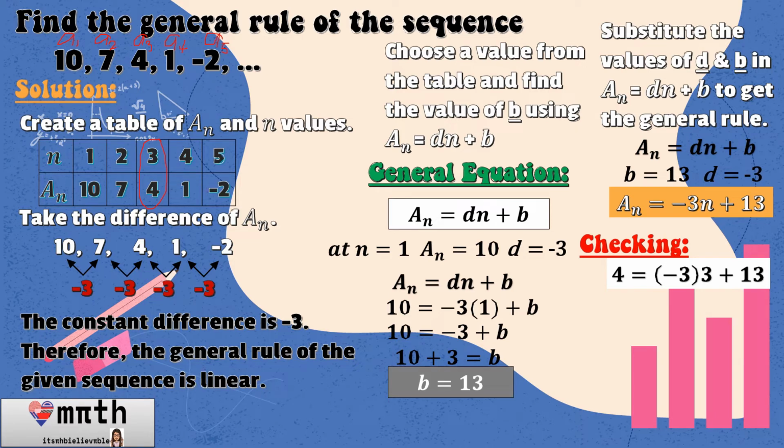So as you notice, -3 times 3 will be equal to 9, or -9 rather. Now, -9 plus 13 will be equal to +4. And 4 is equal to 4. Therefore, our general rule is correct.